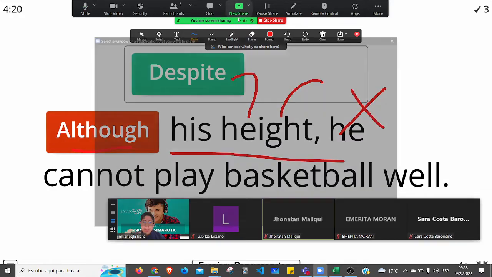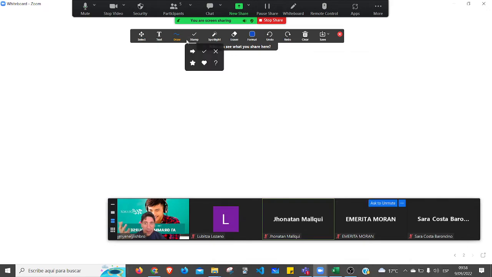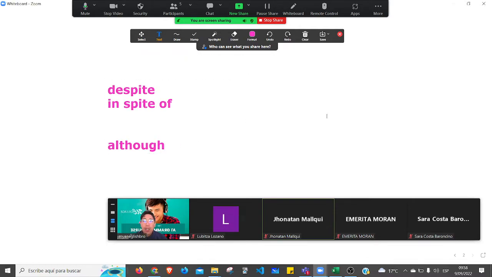¿Ok? ¿Les parece si les hago una pequeña chuleta como para que se guíen? Despite, in spite of, y luego tengo although. Practiquen la pronunciación. Se pronuncia así: all, luego esta TH es como though, although. ¿Ok?